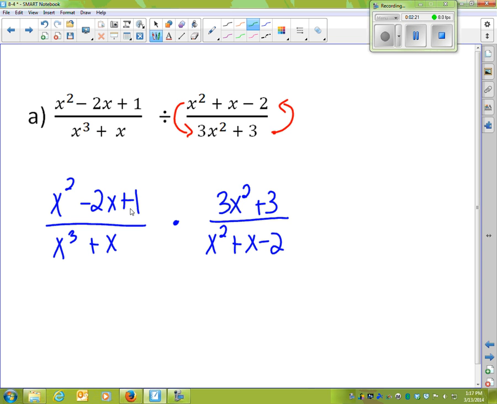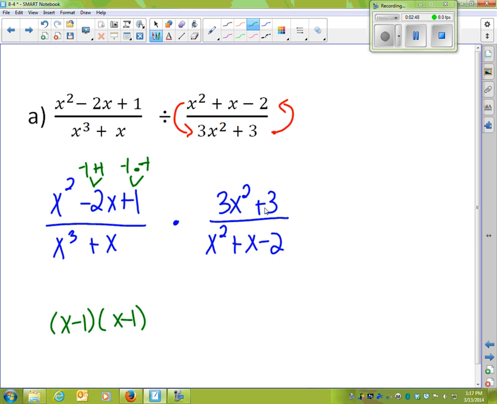Working here with this numerator, it's a trinomial. What multiplies to give me 1 and adds to give me negative 2? I'll go negative 1 times negative 1 and negative 1 plus negative 1. So this first trinomial factors into x minus 1 times x minus 1.